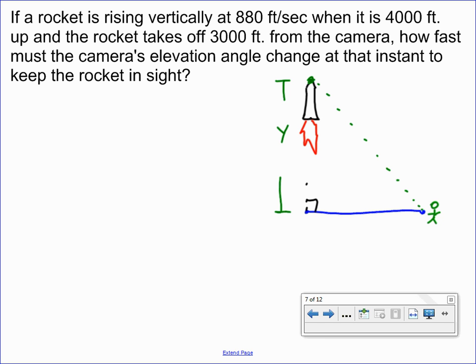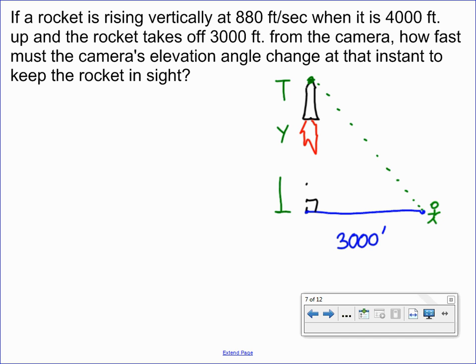Do we need to label that with an X? No, because that doesn't change. So we can label this with a constant. That's nice. So what distance separates the camera from takeoff point? 3,000 feet. Let's go ahead and label that in. That'll be helpful. So 3,000 feet.